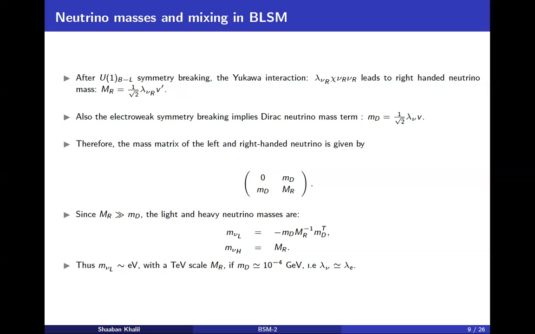And the vacuum expectation value is related to MZ prime, which is being searched for at the LHC. Also V prime is related to the minimization conditions and so on. So somehow everything can be really controlled. Okay, I got the mass of the right-handed neutrino, not the left-handed or light neutrino.